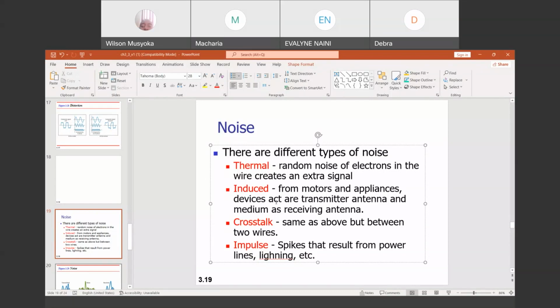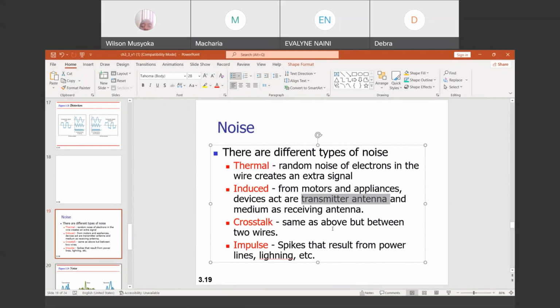In between, there could be some devices, either motors or appliances or devices that have transmitting antennas, meaning that they are also generating some kind of electric or electromagnetic waves. When they generate those, they might affect the signal that you're transmitting, and that brings about the induced noise.